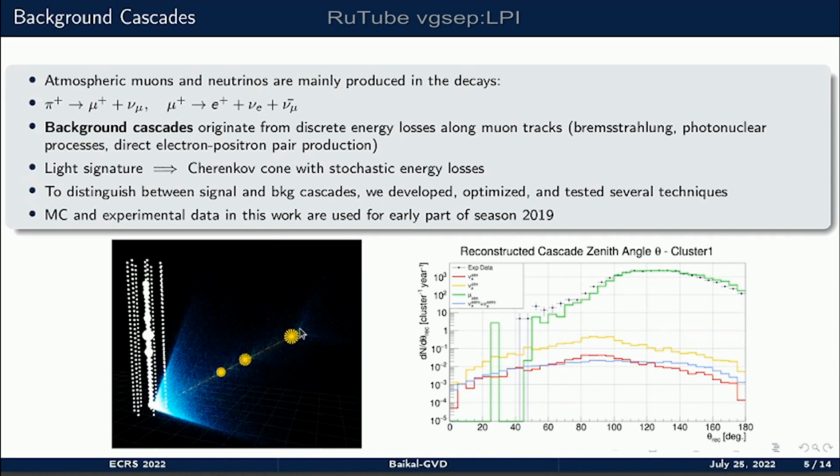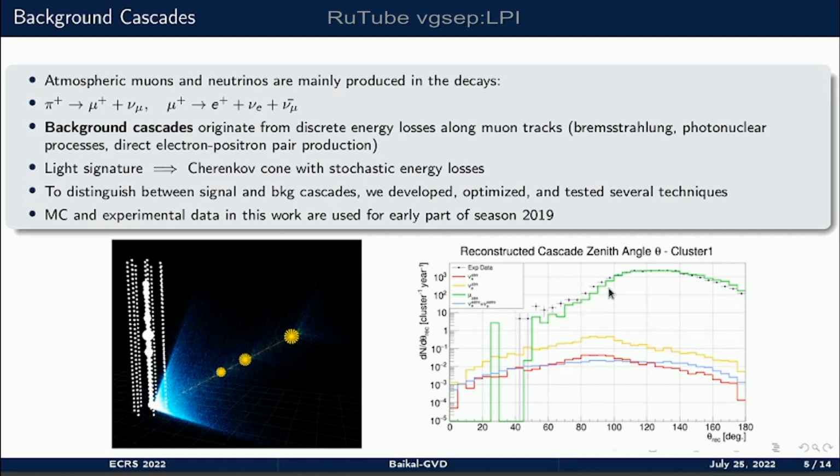Also in the plot on the right, we see the distribution of the reconstructed zenith angle, where on the horizontal axis, from 0 up to 90 degrees, we have upgoing events, and from 90 to 180, we have downgoing events.